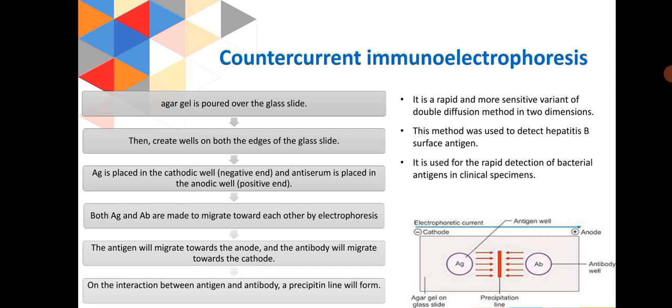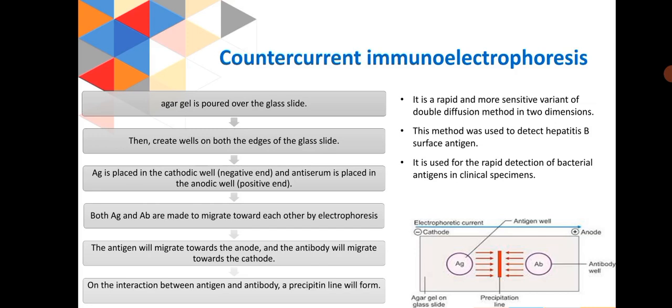Countercurrent immunoelectrophoresis. It is a rapid and more sensitive variant of the double diffusion method in two dimensions. This method was used to detect hepatitis B surface antigen. It is used for the rapid detection of bacterial antigens in clinical samples. The agar gel is poured over a glass slide, and wells are created on both edges of the slide.